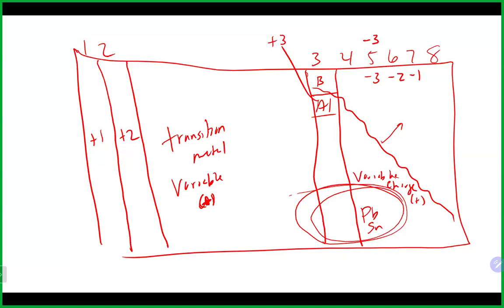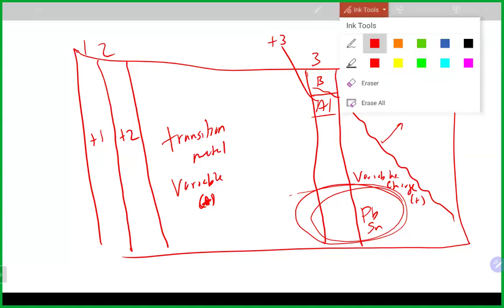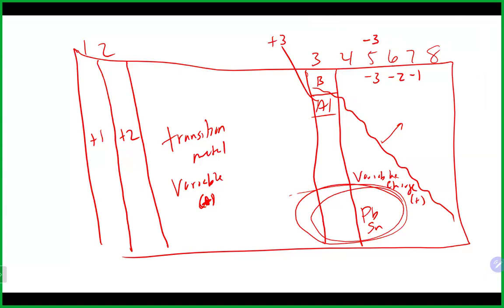There are 3 exceptions in the transition metal region that, although they are transition metals, actually do not make a variable charge. The 3 exceptions are towards the top right of the transition metals: zinc and cadmium. And then if you hang a left there at cadmium, you'll get to silver. So these 3 elements, although they are transition metals, have a fixed positive charge.